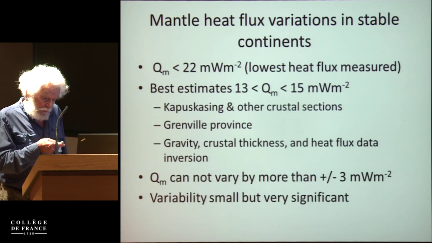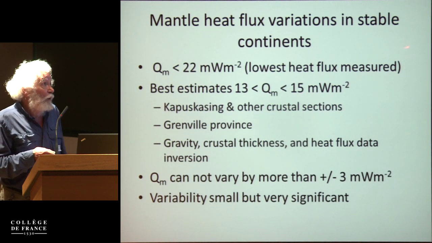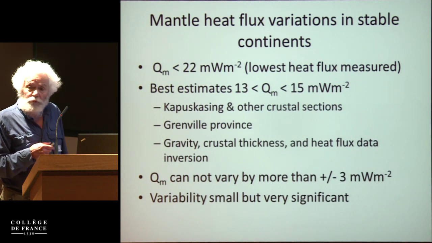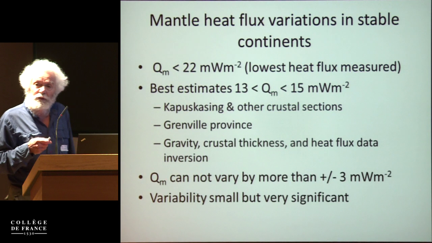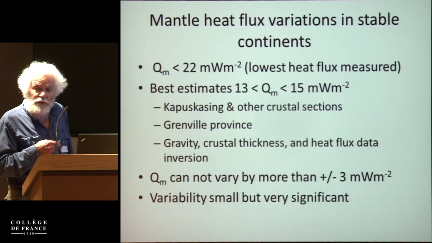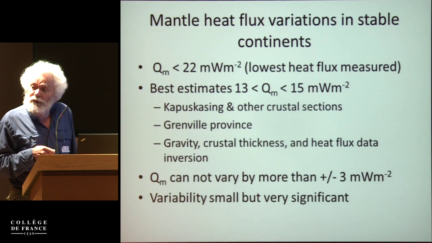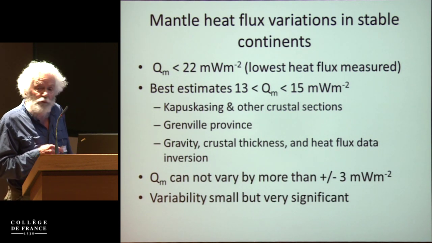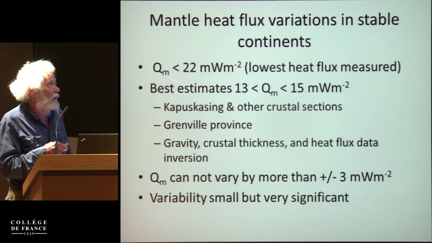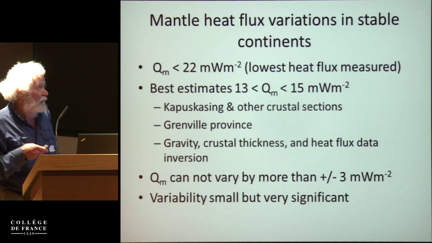The lowest values measured are about 20 milliwatts per square meter. Some lower values have even been reported, but regionally averaged values would be about 22 milliwatts per square meter. So mantle heat flux must absolutely be lower than this.